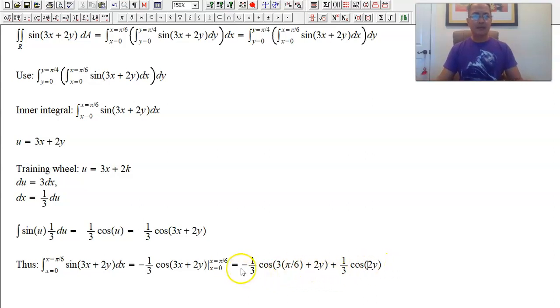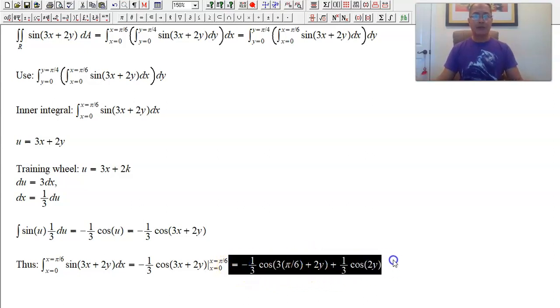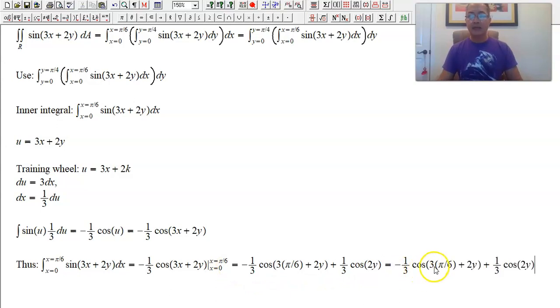Okay? And of course, let's simplify. We will get negative, cosine of pi over 2 plus 2y. Okay? We could simplify this further. We could use, remember the cosine alpha plus beta identity?